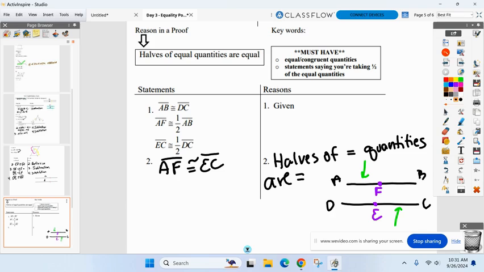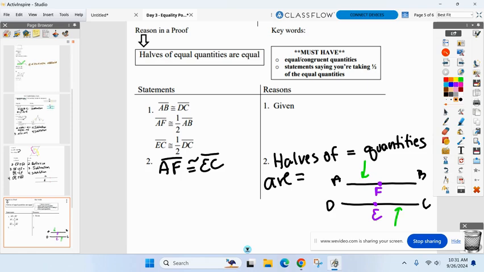Okay, and that brings me to my next point. It's going to be rare that I tell you we're actually cutting an angle or segment in half by showing you half. Two vocabulary terms we talked about last unit automatically tell us that something's being cut in half. So if I see these vocabulary terms in the givens, I can already say to myself, oh, it's being cut in half. I don't need to be told it's being cut in half.